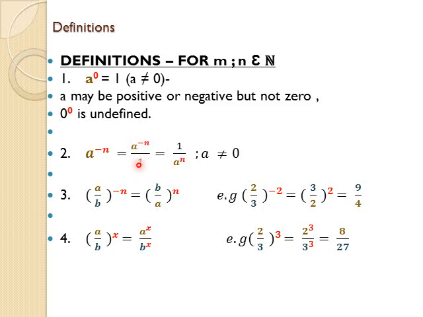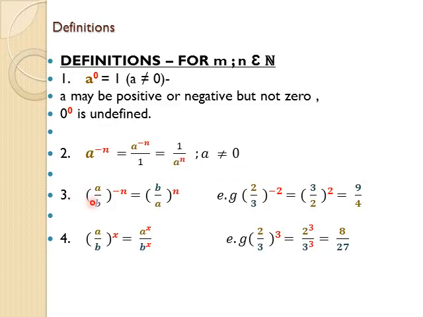So that's simply over 1. To make the negative positive, we always take it to the other side of the division line. So you see when I drop it to the bottom, it goes from a negative n to a positive n, and 1 simply stays on the top. Again, a can't be 0. Remember 1 divided by 0 is undefined.